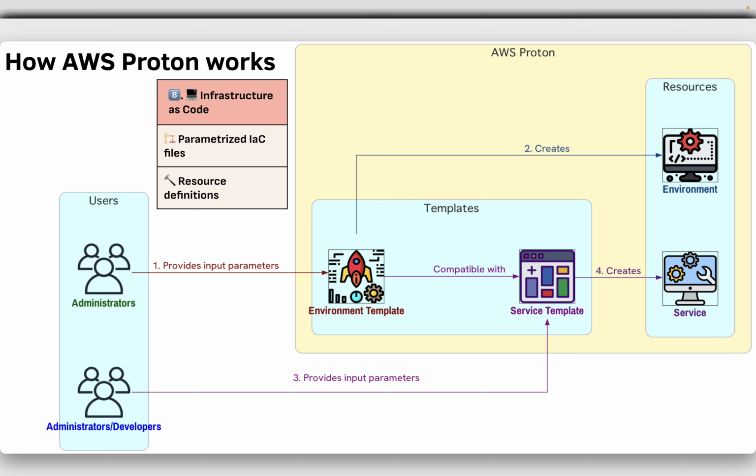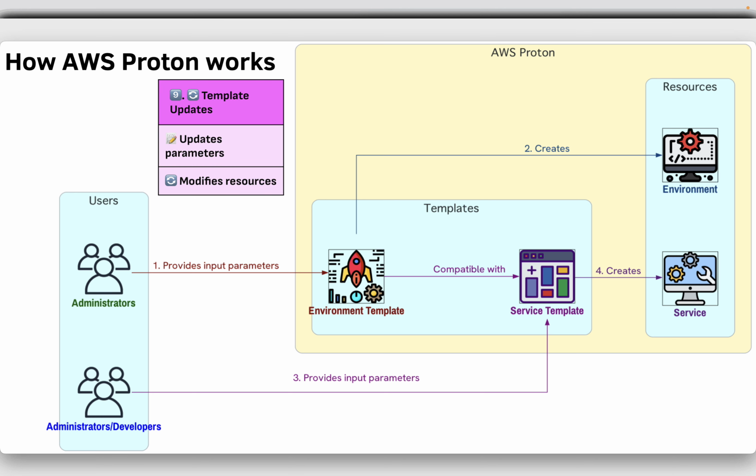When you create an environment or service template, you upload a template bundle that contains the parameterized infrastructure as code, IAC, files that AWS Proton uses to provision environments or services. When you select an environment or service template to create or update an environment or service, you provide values for the template bundle IAC file parameters.